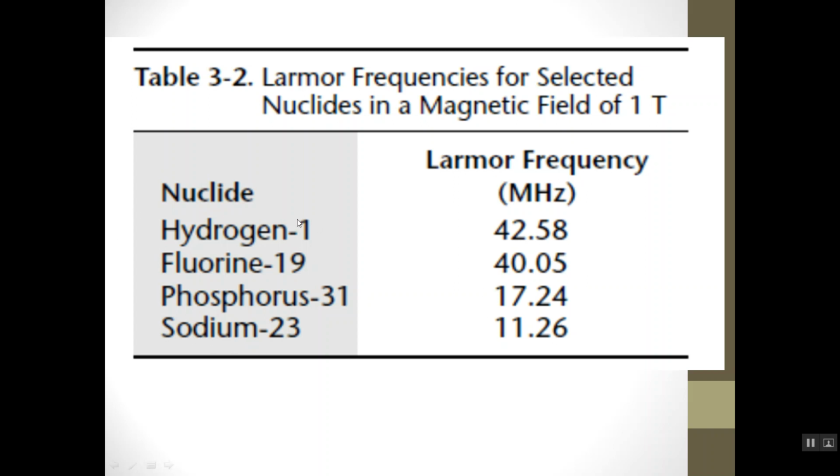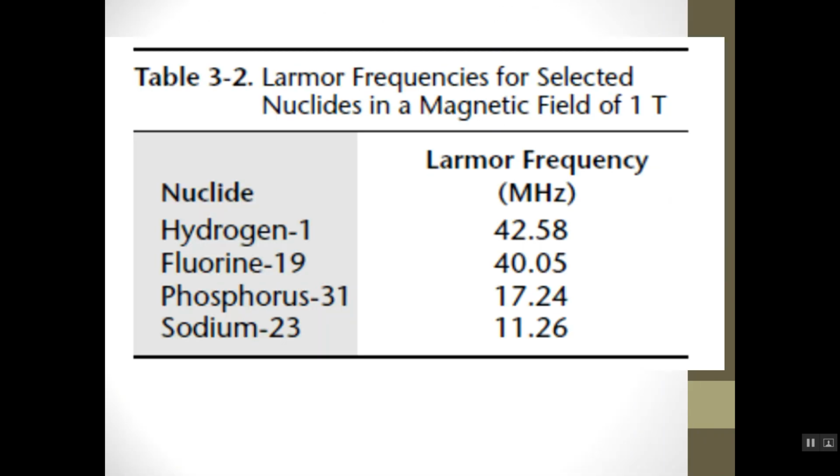The hydrogen atom has no neutrons, only protons, an odd number of protons, and is highly sensitive, so the protons of the hydrogen atom will be highly sensitive to the external magnetic field, which is 1 Tesla. So the Larmor frequency of protons of the hydrogen atom has a higher value, which is 42.5 megahertz.